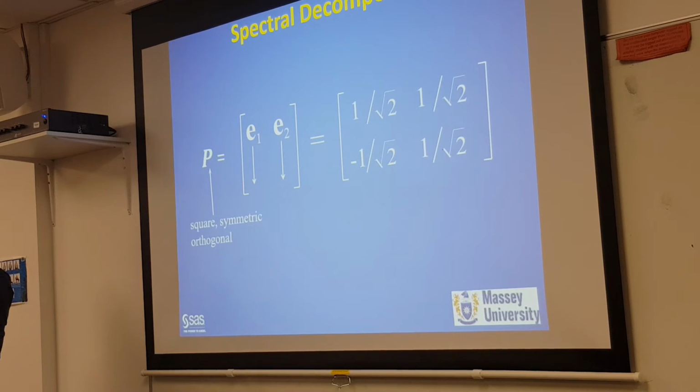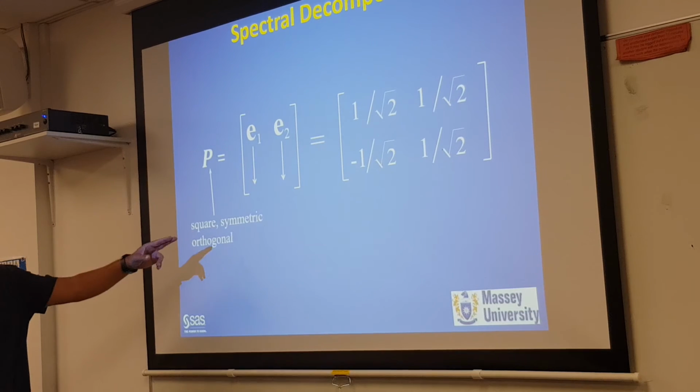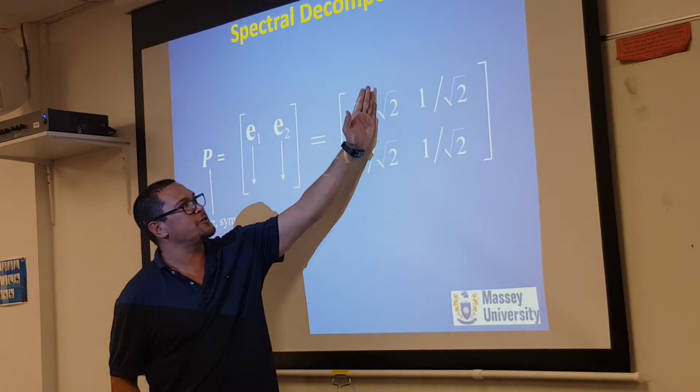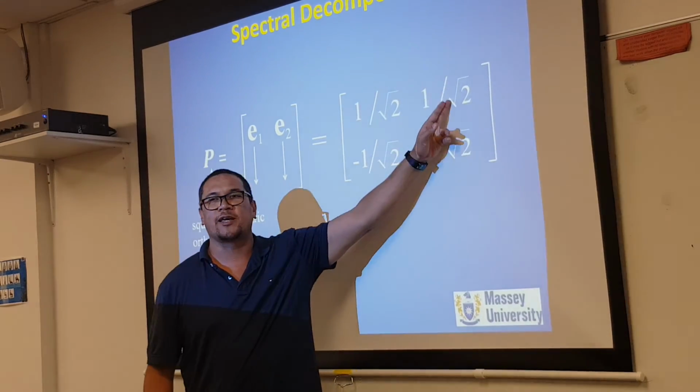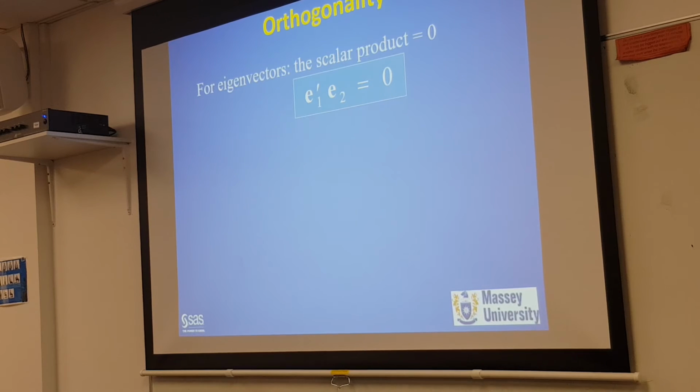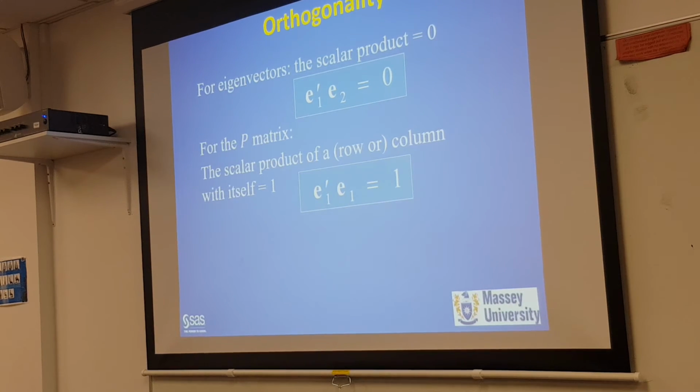So if we get all our eigenvectors and we line them up in columns, we have this new matrix P. So P is going to be square, symmetric, and orthogonal. Remember, this is just your first eigenvector here. This is just your second eigenvector. And this is going to create this new matrix, which we'll call P.